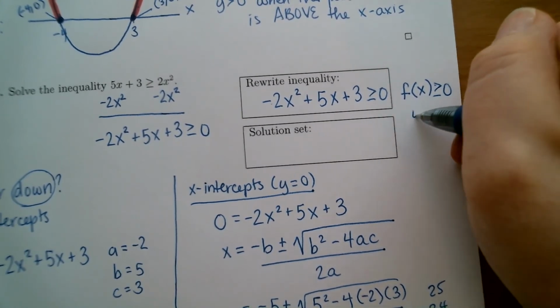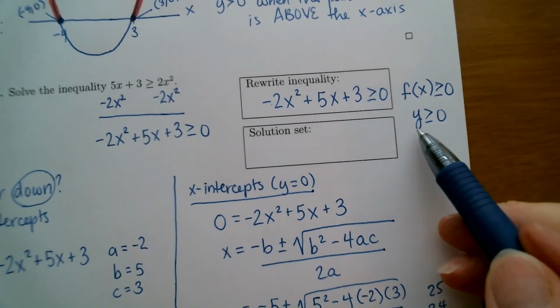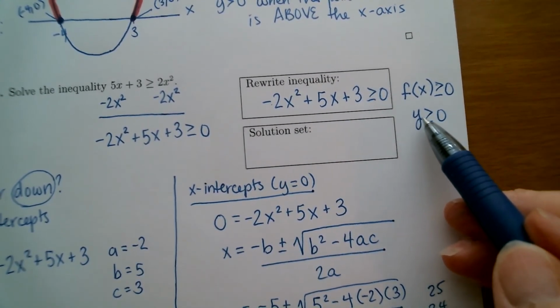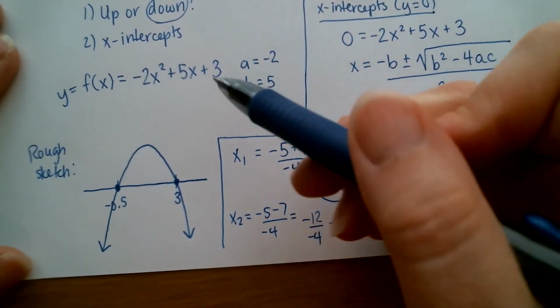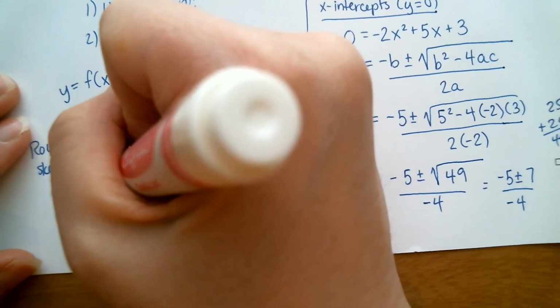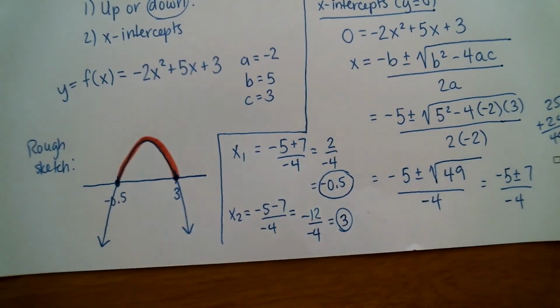That's the same thing as y is greater than or equal to 0. So we want y values that are bigger than or equal to 0. We want positive y values, so we need to be looking above the x-axis. We're going to want this part of the parabola. That's the part we're interested in.